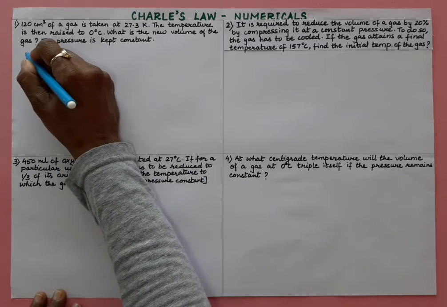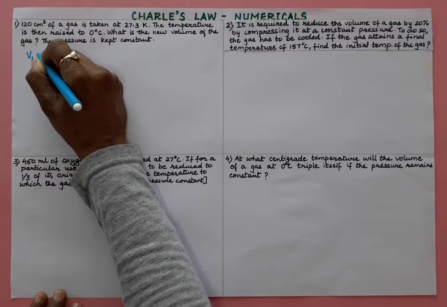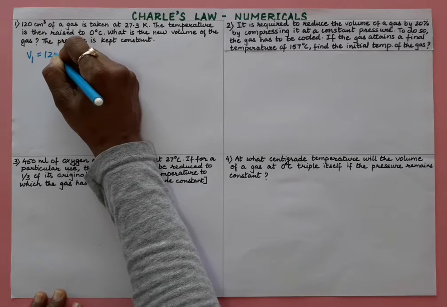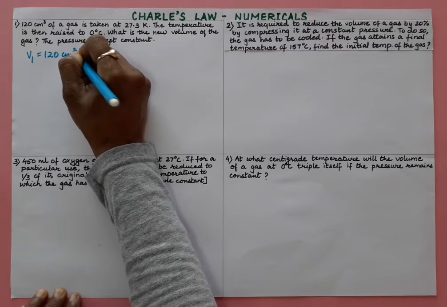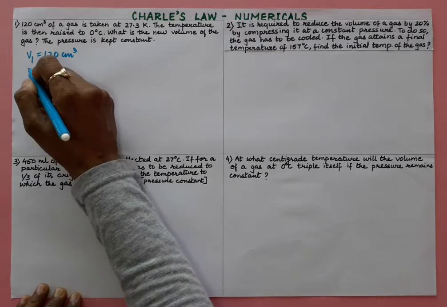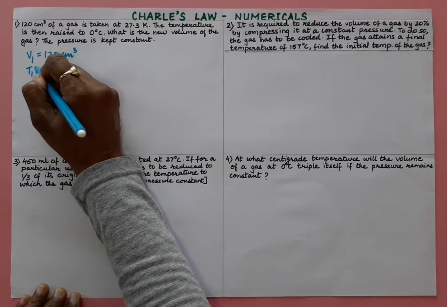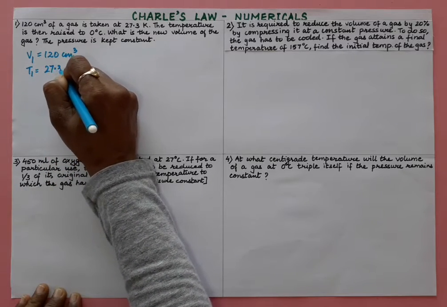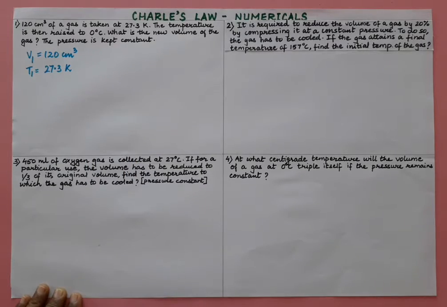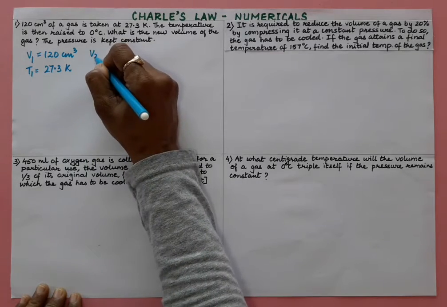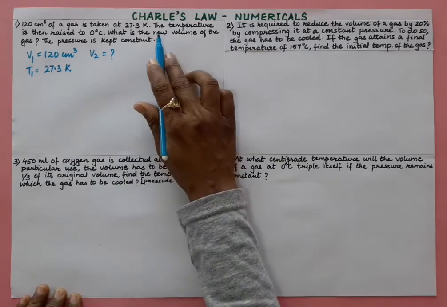So let us first write the given data. V1 is 120 centimeter cube, and T1 is given as 27.3 Kelvin. Here V2 you have to find, the new volume.